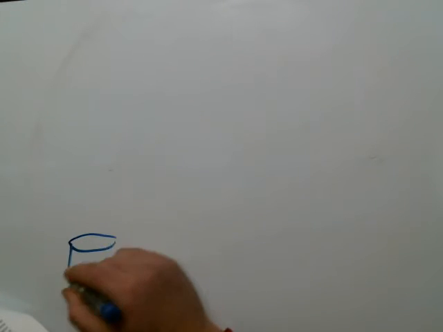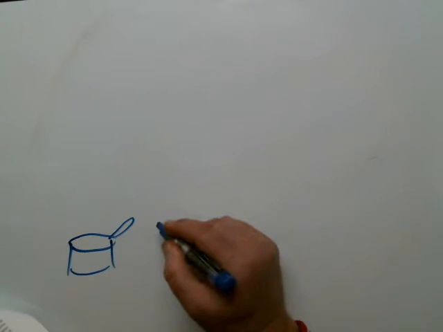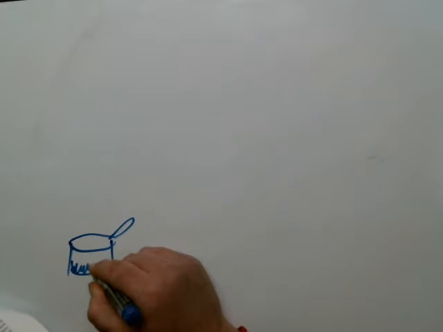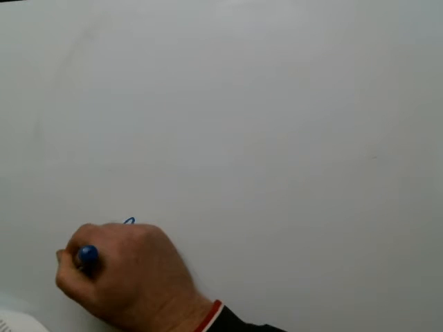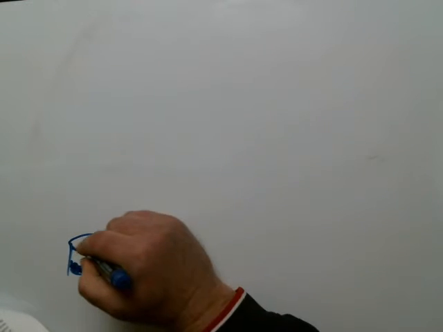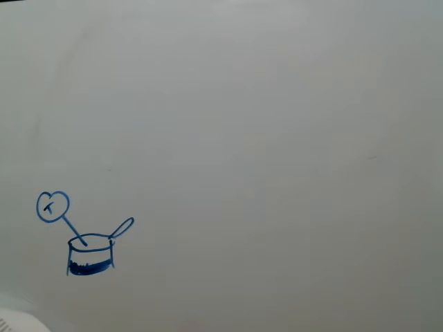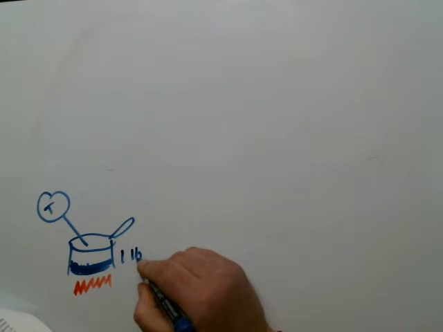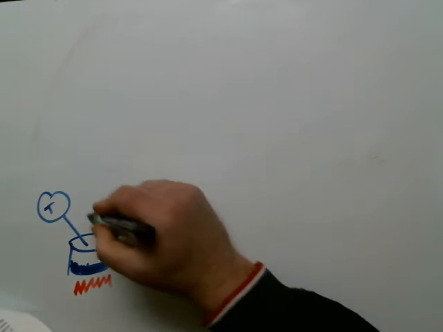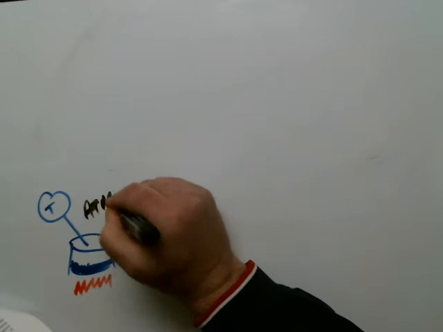So we're going to take a pot of water, 1 pound mass of water, and we're going to measure the temperature of that water as we supply heat.